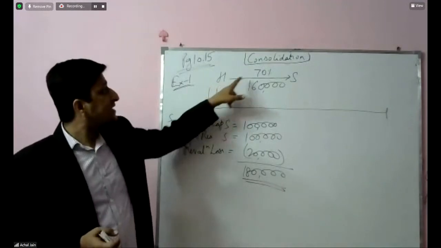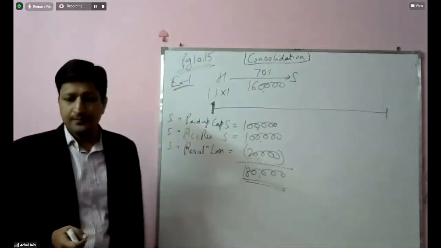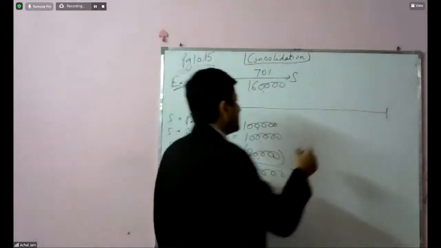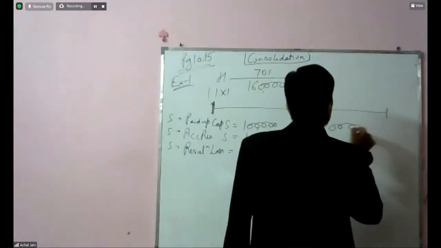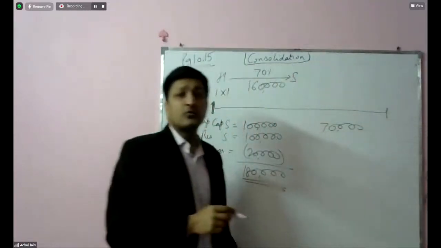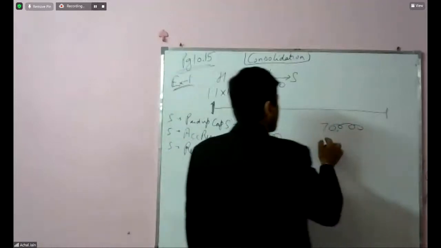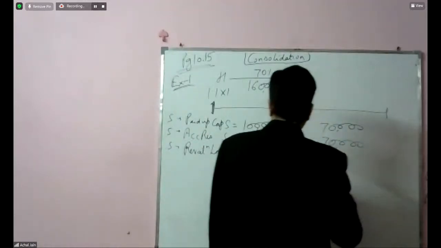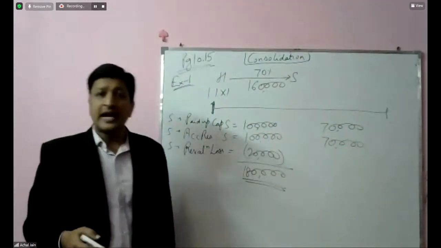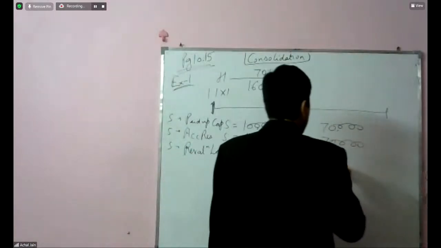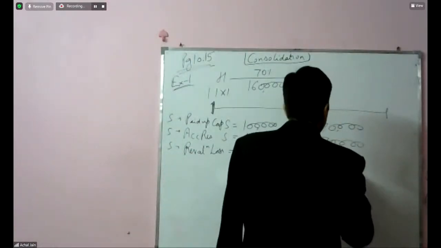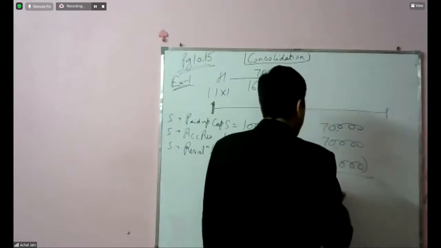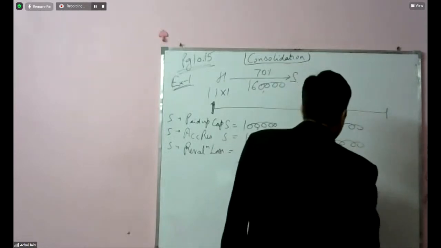No. H has acquired only 70%. So that's why 70% of this will go towards H. So what do we get? 1,26,000.